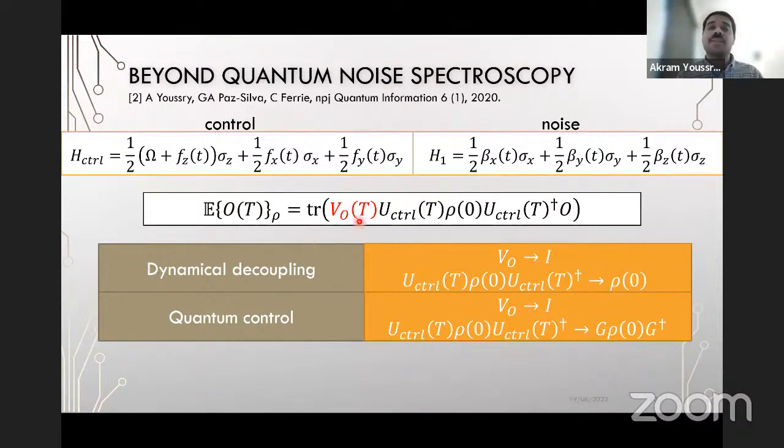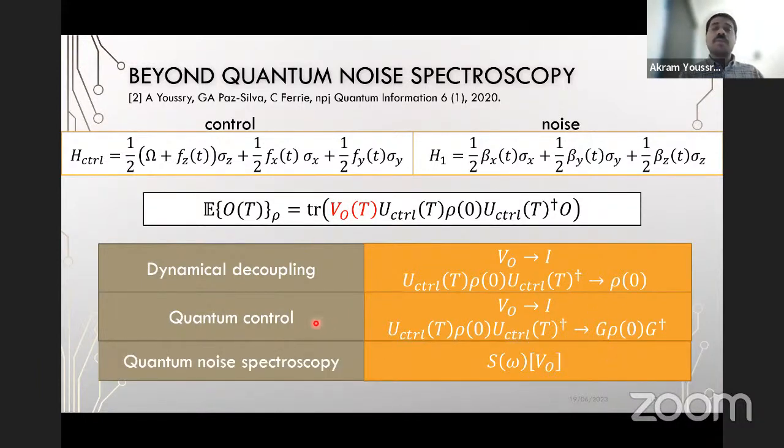You want to cancel the noise, so VO goes to identity, and you want the evolution to be described by G. And you can also do noise spectroscopy, which is understanding the behavior of noise. It turns out that given this VO, you can unpack it and find the properties of the noise that's affecting the system. So it's a very nice framework.